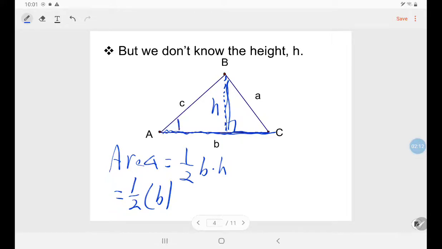I'm going to start using this angle A right here.